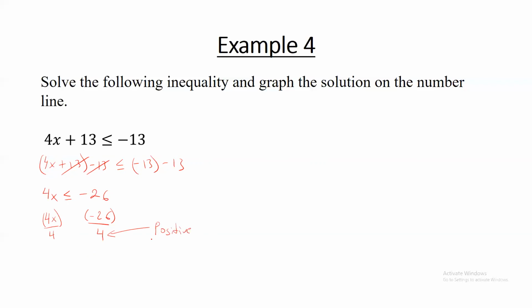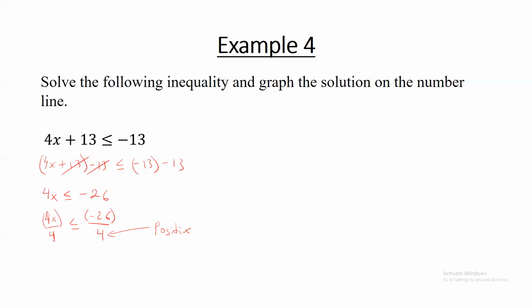It's a positive number. And because the number we're dividing by is positive, we do not change that inequality sign. It stays as a less than or equal to. It doesn't matter that the 26 is negative. The only thing that matters is the number we're dividing by was positive, so that sign does not change.